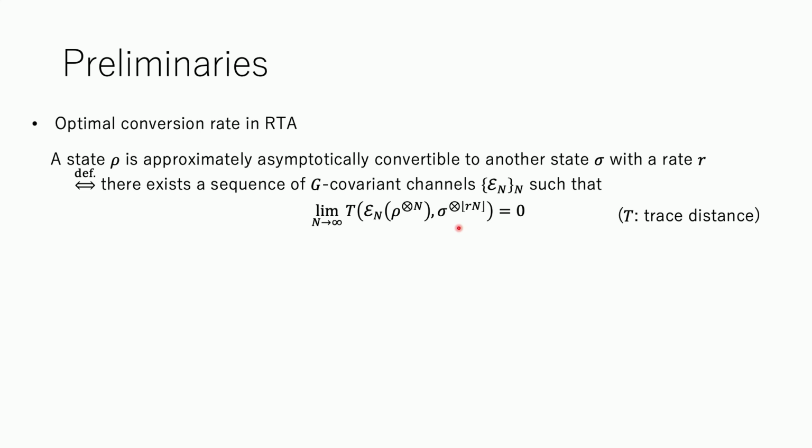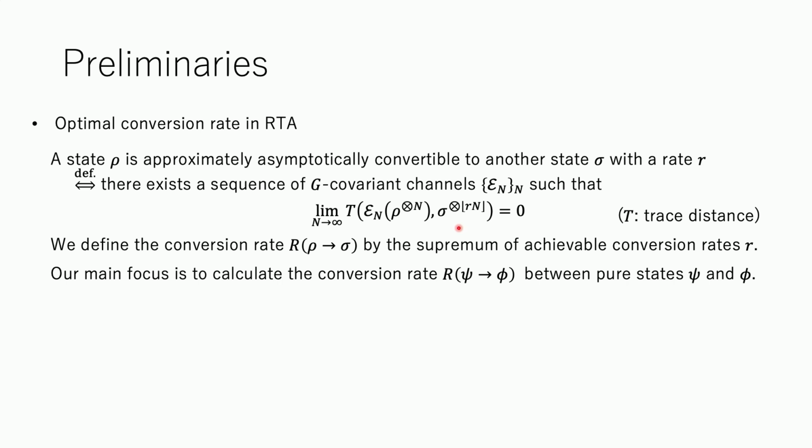Here we adopted the trace distance as a quantifier of error. If this condition is satisfied, we say that rate R is achievable, and the supremum of such achievable conversion rates is denoted by R. The main focus of this study is to calculate the conversion rate between two pure states, psi and phi.